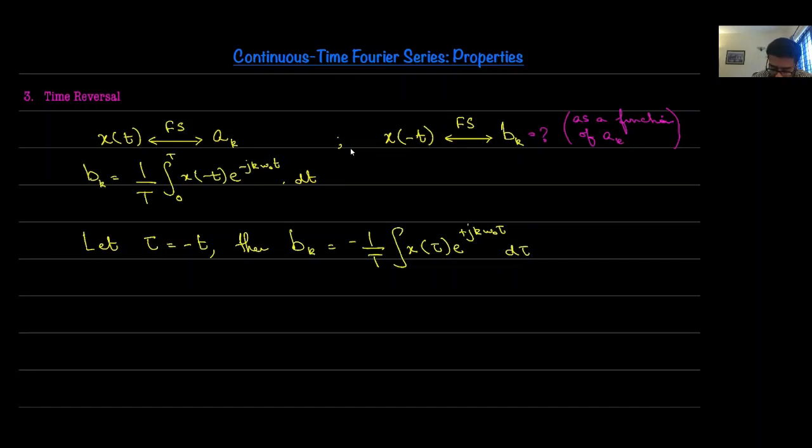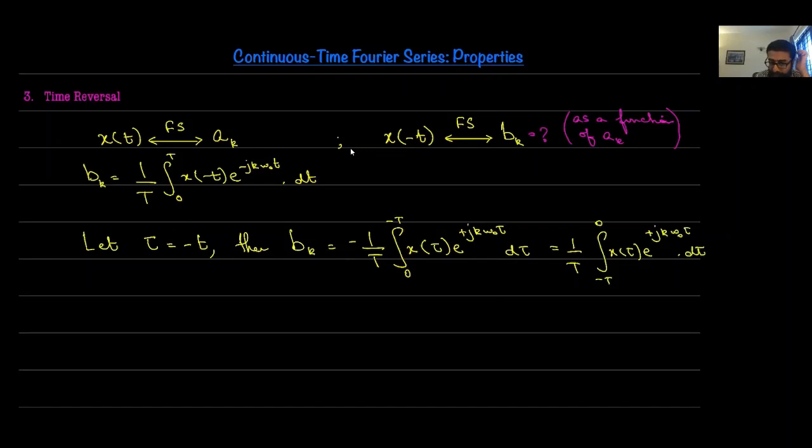As far as the limits are concerned, when t equals 0, tau is 0. When small t equals capital T, tau equals minus T. So the integration limits are from 0 to minus T. Now I can pull this minus sign inside by changing the limits of the integral. So this is equal to 1 upon T, integral from minus T to 0, x of tau e raised to the power plus j k omega naught tau d tau.